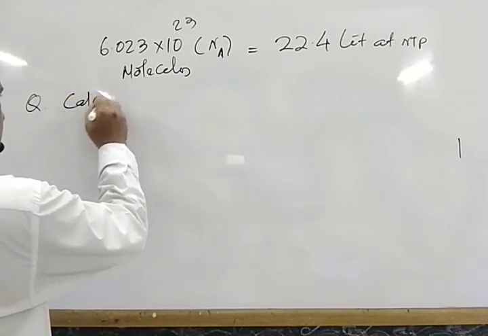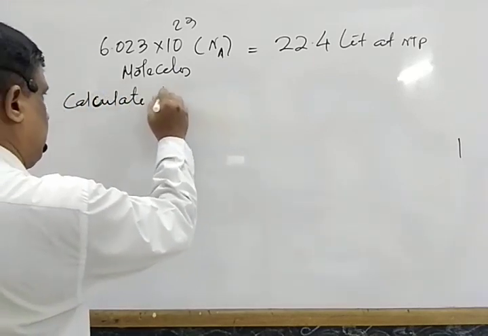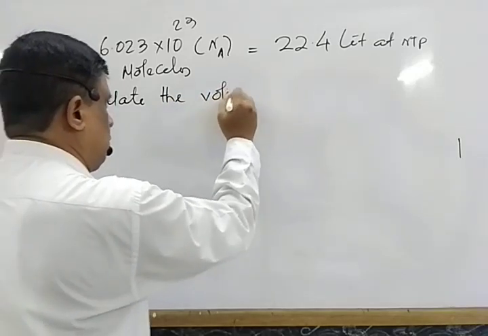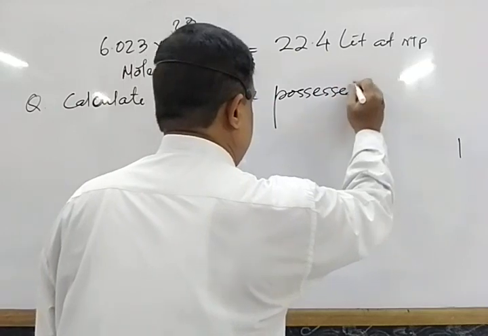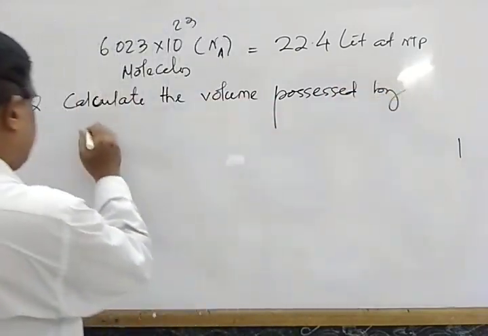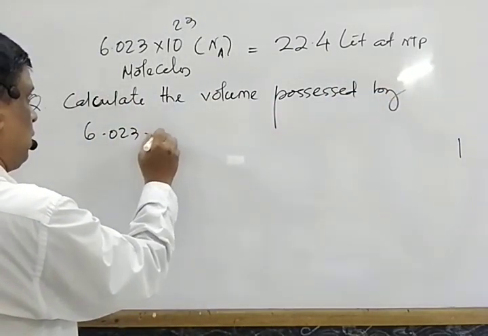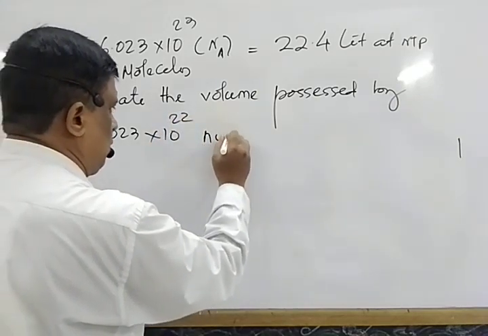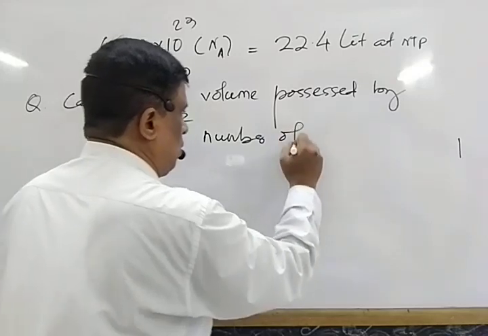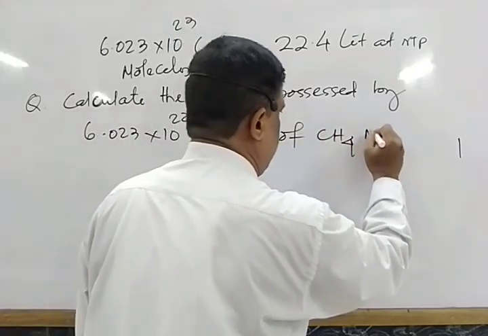Calculate the volume possessed by 6.023 into 10 to the power 22 number of CH4 molecules.